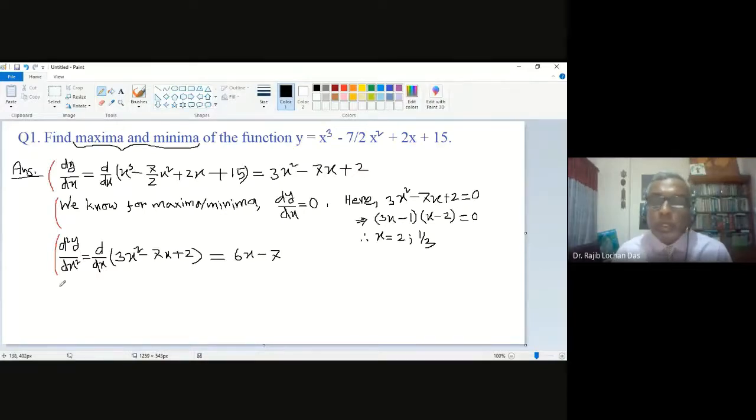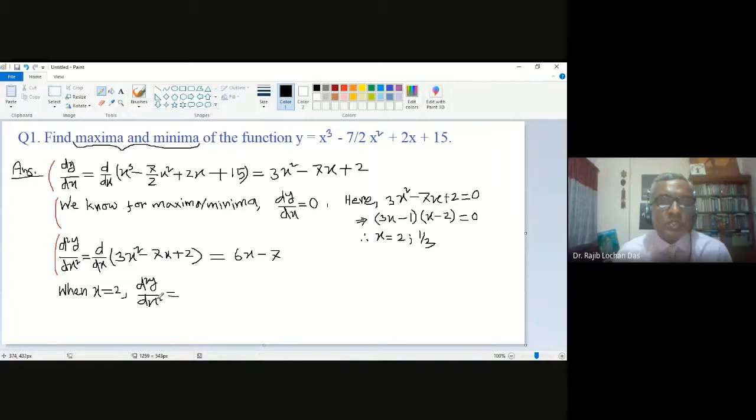You will do it one by one. If you take x equals 2, so when x equals 2, we get d2y/dx2, the second derivative value. You just put this value here in 6x minus 7.